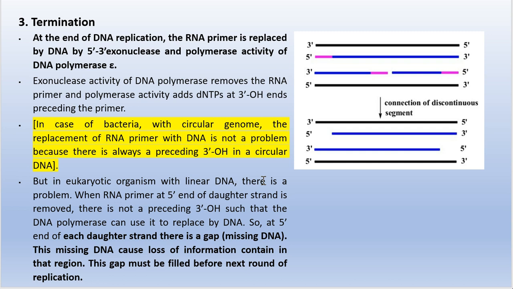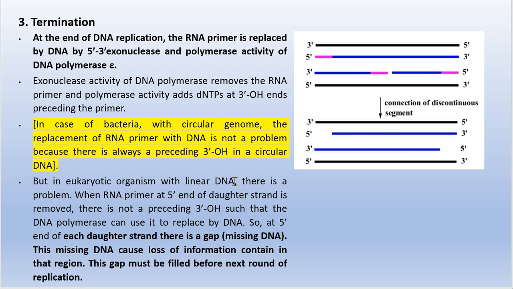Termination. At the end of DNA replication, the RNA primer is replaced by DNA by the 5' to 3' exonuclease and polymerase activity of DNA polymerase. The exonuclease activity of DNA polymerase removes the RNA primer, and polymerase activity adds dNTPs at the 3' OH end preceding the primer.